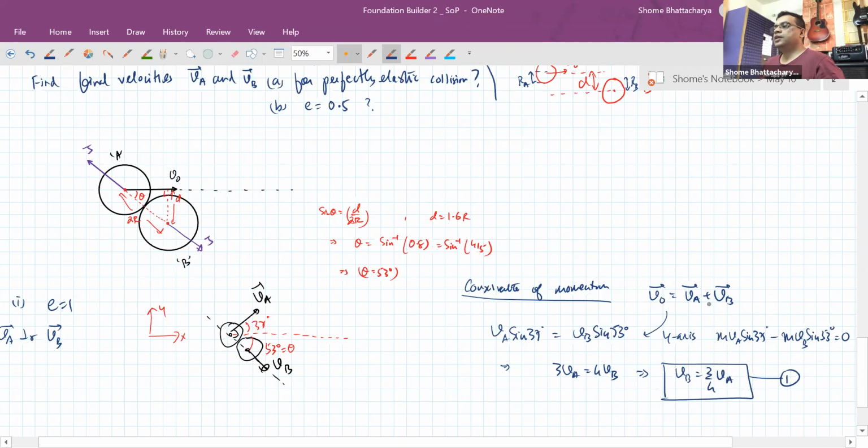Okay, and if you apply conservation of linear momentum along x-axis, you have the equation that mVA cos 37 plus mVB cos 53 degrees is equal to mV0. So we have 4 by 5 VA plus 3 by 5 VB is equal to V0. This is our second equation.